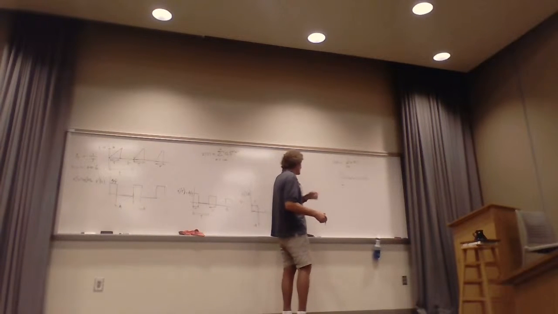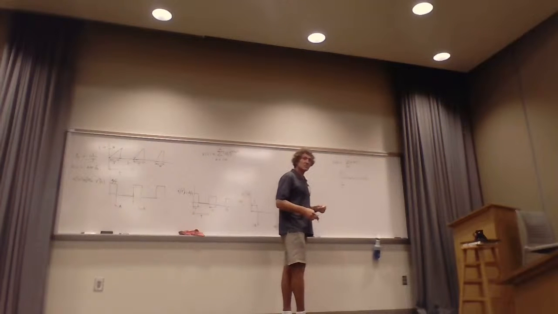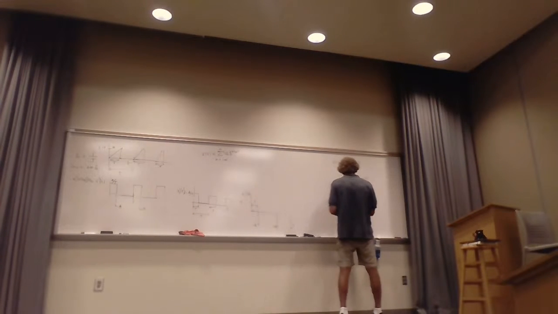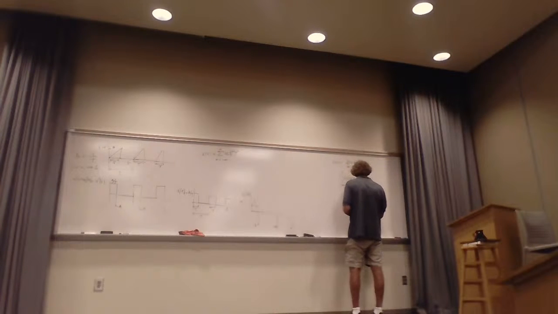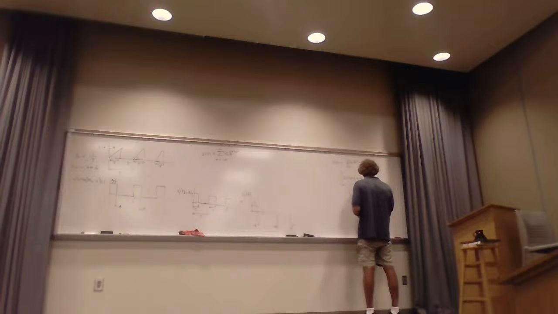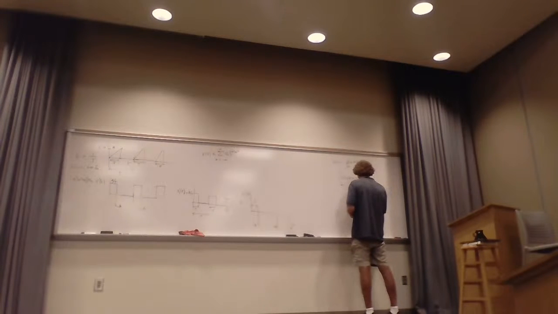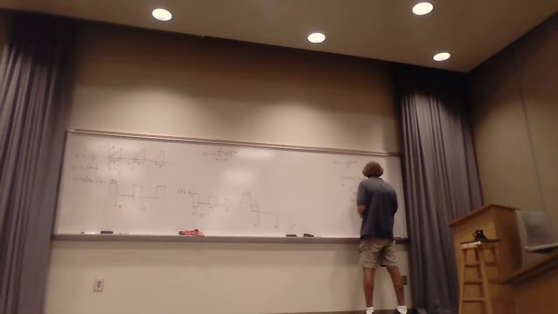Okay. Now, another thing about a delta function that's important is if you have any delta function, and I'm going to do it this way, delta of t minus some tau times f of t dt from minus infinity to infinity.